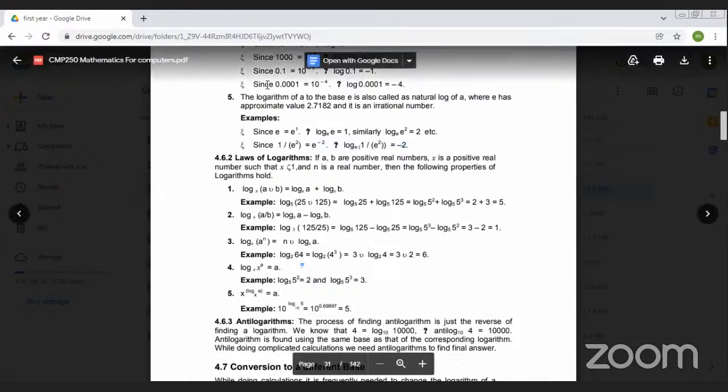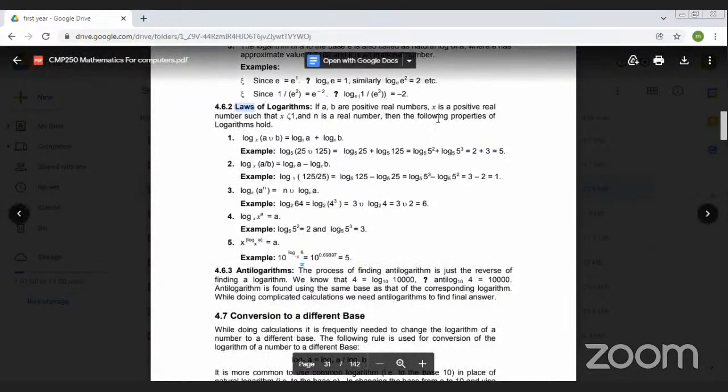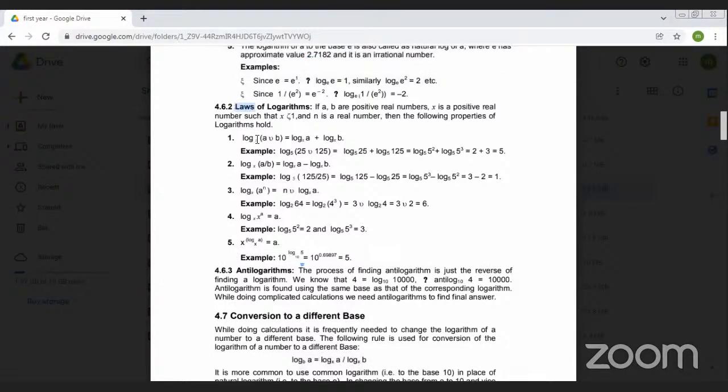Now, earlier we studied the laws of exponents. Now we are talking about the laws of logarithms. If a and b are positive real numbers, x is a positive real number such that x should be what? See, if your x value is 1, then what should it be? We need the x value as either 10 or e.